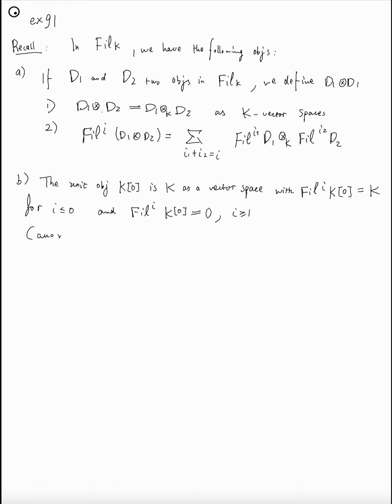Canonically, the reason we call this object the unit object is because its tensor product with D is isomorphic to D as filtered module.